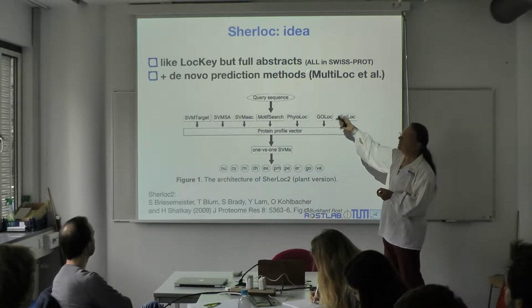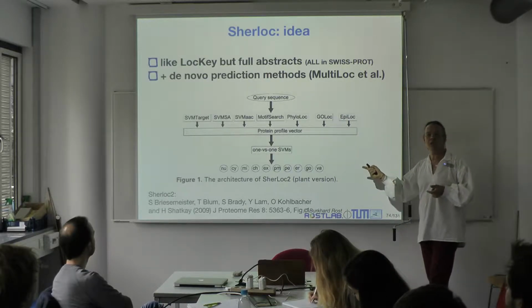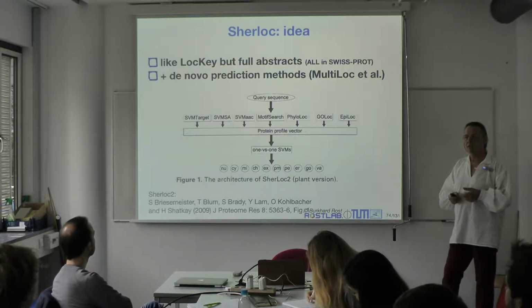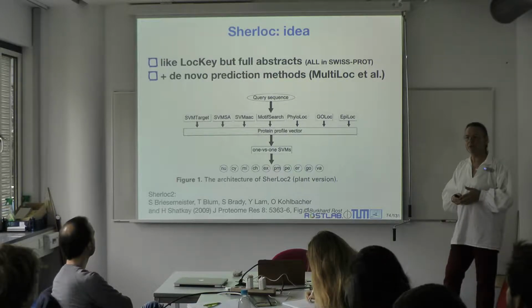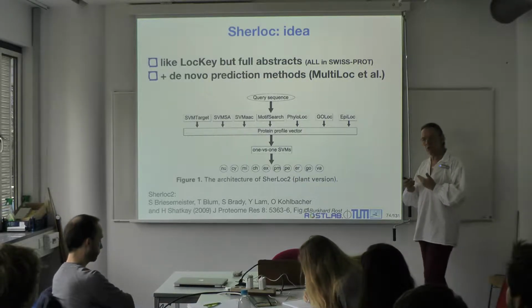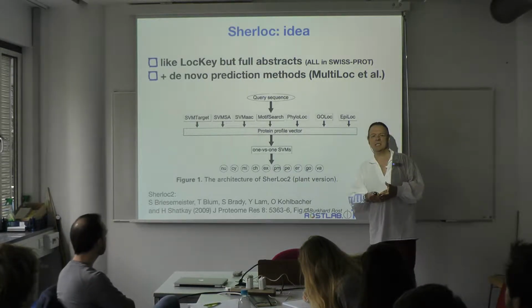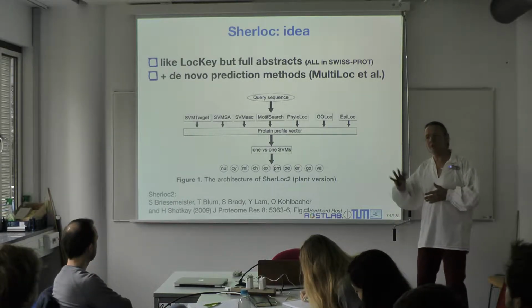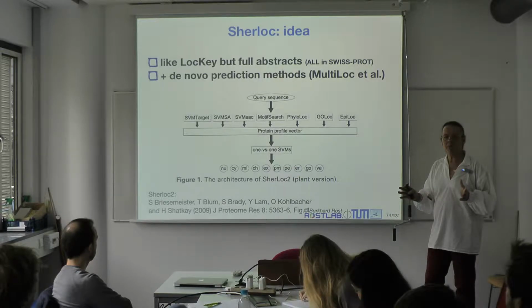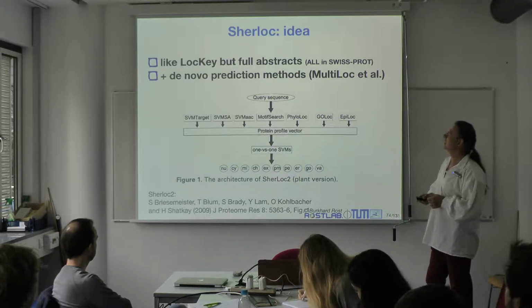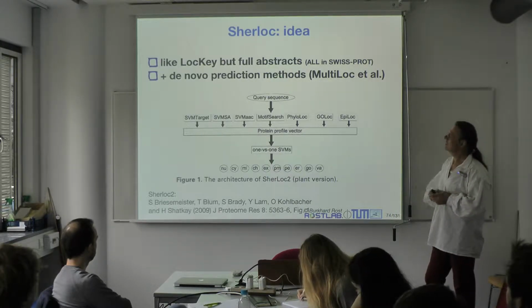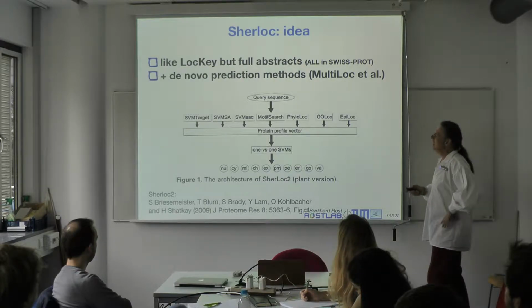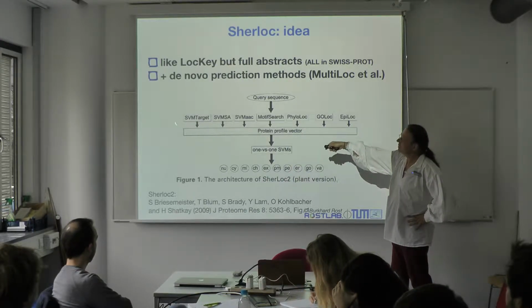It does this using a PubMed abstract, simply a paper about a protein, and it tries to read whether the subcellular localization is in this abstract, grinding up the entire abstract to see what keywords in a published paper would reveal the subcellular localization. And then it combines this with a bunch of de novo methods. Some of these methods here use TargetP.